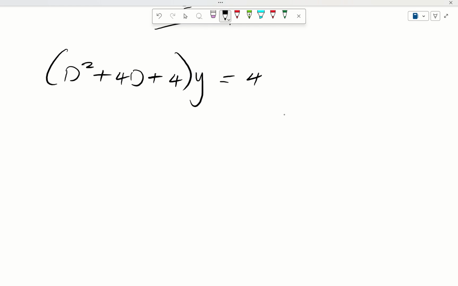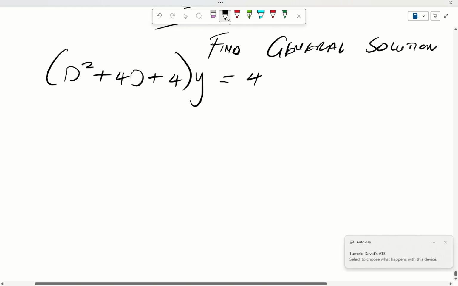So if you have D squared plus 4D plus 4, and they ask you to find the general solution, the first thing you need to do is to find your y complementary and your y particular integral.